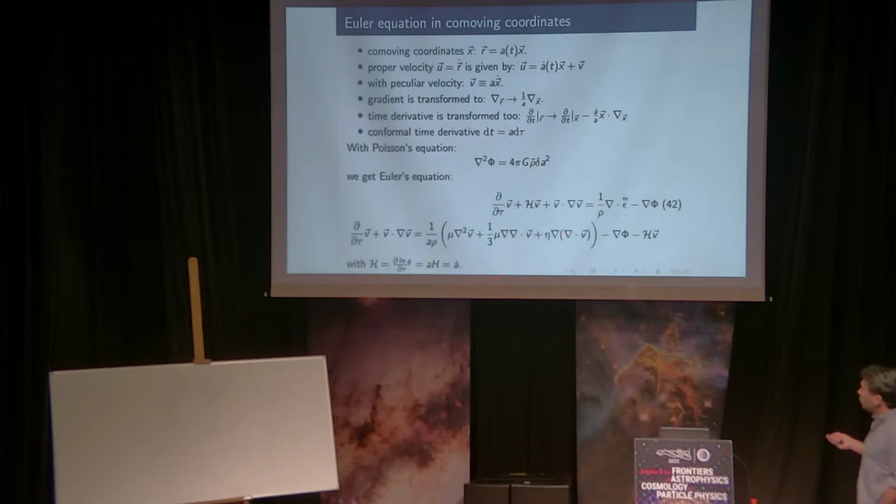Now, you usually get rid of this term. Where does it come from? From those random motions, that tensor. If you get rid of this, then you can perform Eulerian perturbation theory.